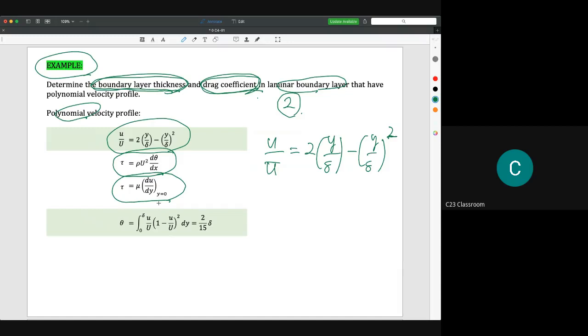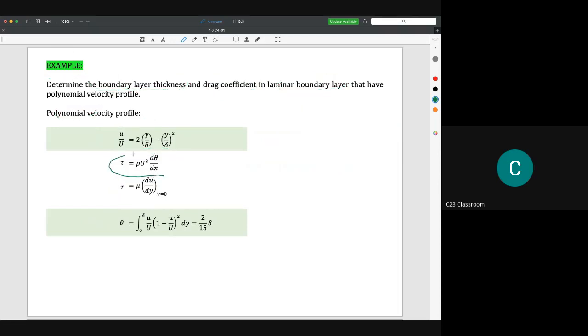First, we solve this by using the shear stress from von Karman. It starts from this equation, and we know that we have the value of theta, so what we need to do is determine the value of theta. In the previous slide, I already gave you an example to calculate the value of theta.